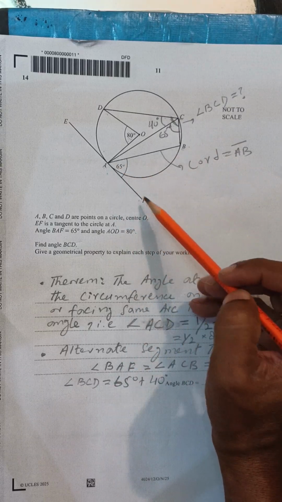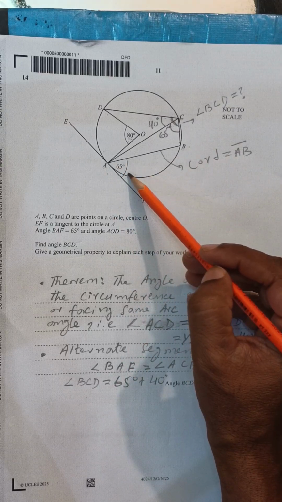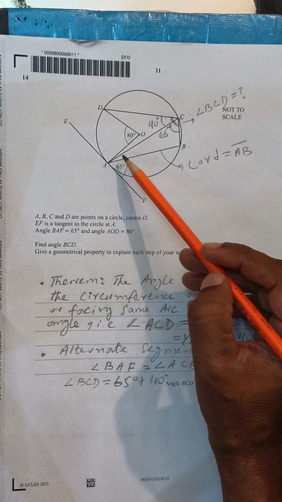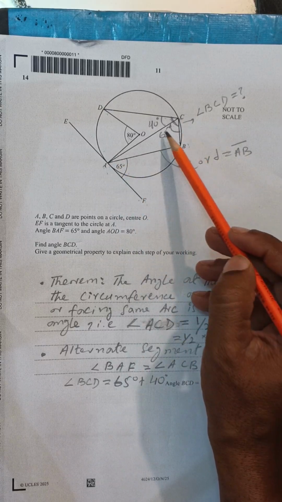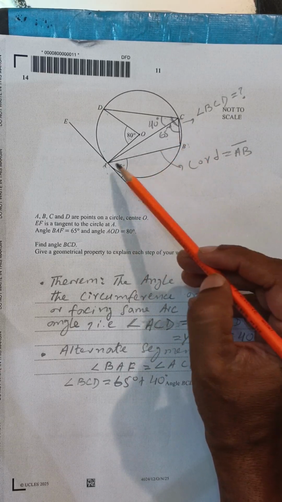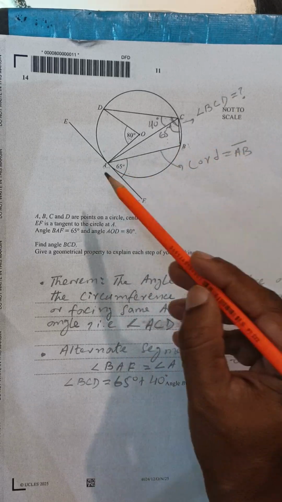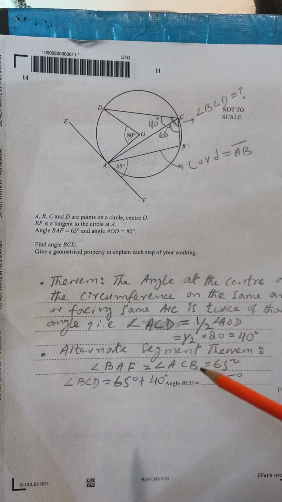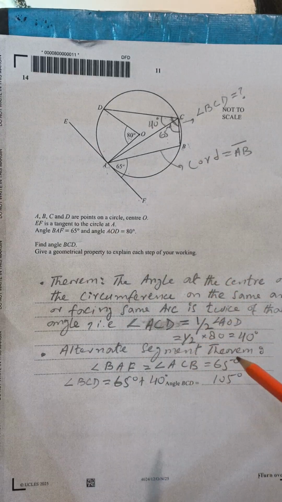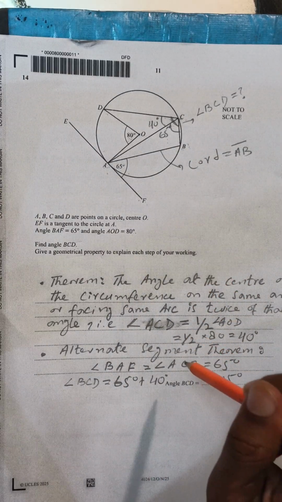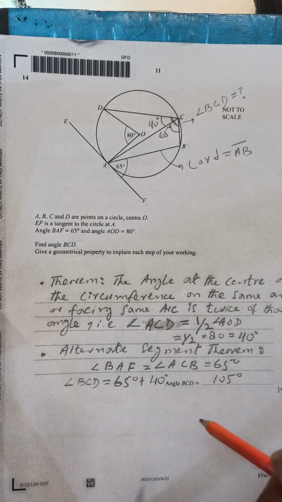Angle BAF is 65 degrees, so ACB is also 65 degrees. On the basis of these two theorems, we explained both and found our required answer.